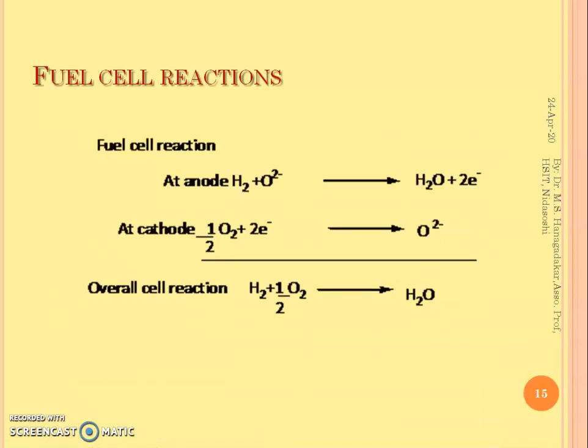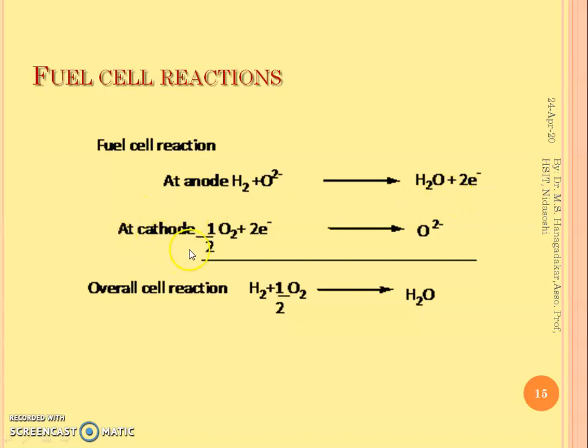Now let us discuss the electrode reactions taking place in the solid oxide fuel cell. At the anode side, we supply hydrogen gas, which combines with the oxide ion provided by the electrolyte, forming 1 mole of water molecule with the loss of 2 electrons.